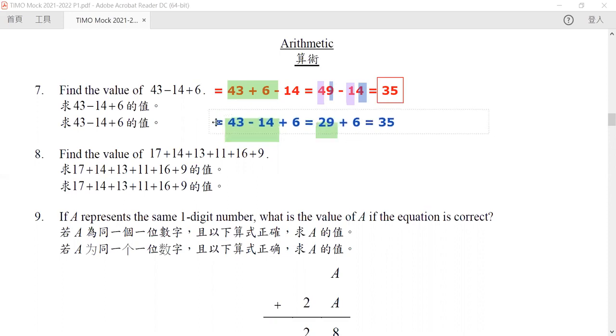A student suggests: 17 plus 13 is 30, because 30 is easy to add. No, you don't add that. Listen, you do not do a question because it is easy.